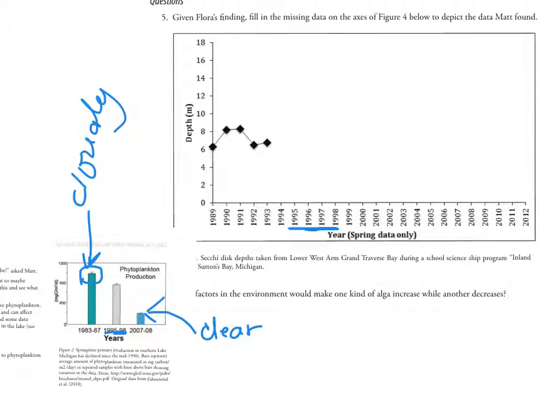So I would imagine, since 95 to 98 is in between the data points here, so we've gone from cloudy to clear, we're probably going to lower our Secchi disk down a little bit deeper in the years 95 to 98 compared to what we saw in the early to mid 80s. So I'm going to put depth in meters, maybe 12 meters, or maybe even 10. But it's definitely an increase.